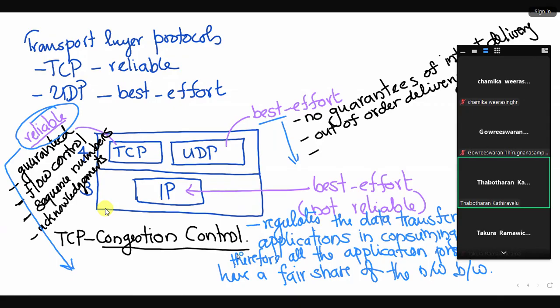So designing reliable transport can be very complex.